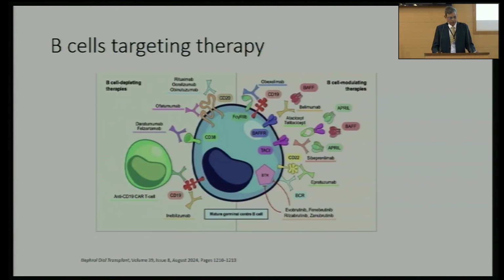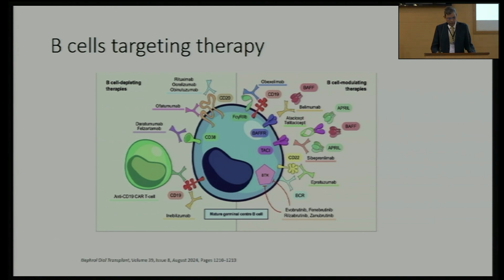On the left end of the panel, you can see the B-cell depleting therapies, and largely we have rituximab, ocrelizumab, obinutuzumab, and ofatumumab, which was briefly discussed, and we'll discuss a bit more about it. And we have the CD38 agents, daratumumab and felzartumab. Also for CD19, we have inebilizumab, but currently the flavor is anti-CD19 CAR T cell therapy.